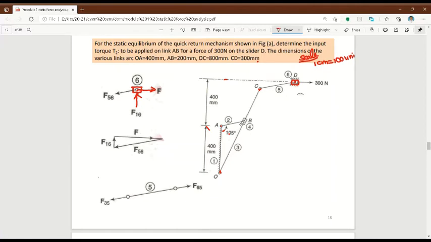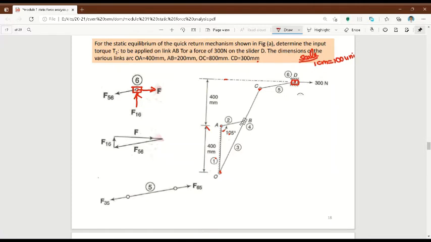I'm giving the name F16, because this piston is lying on the fixed link. Fixed link number is 1. So I'm giving the name 16 for this force.